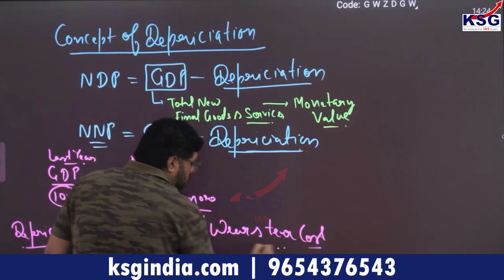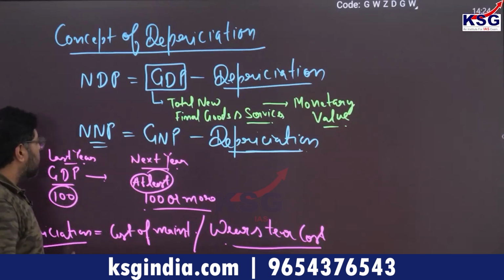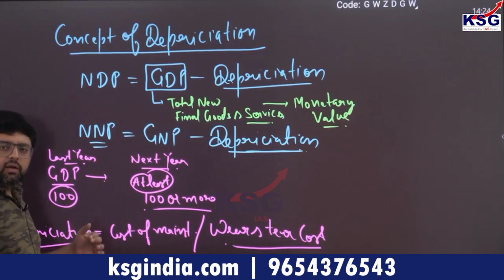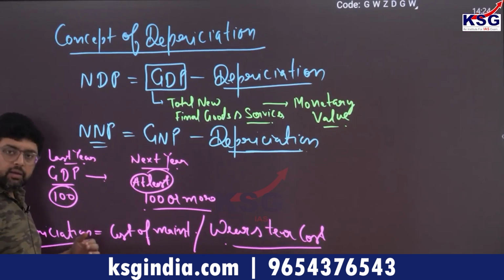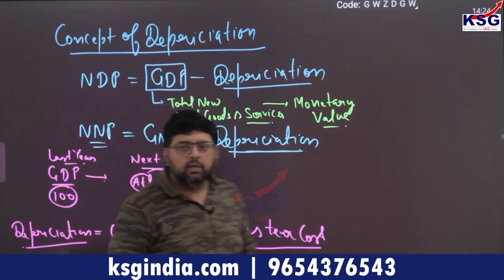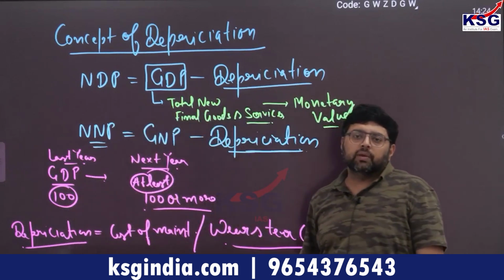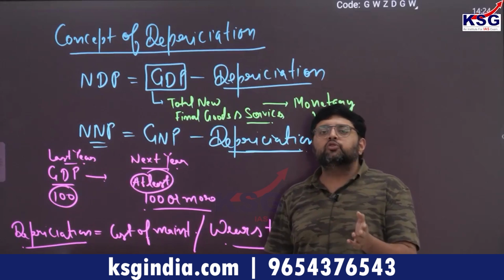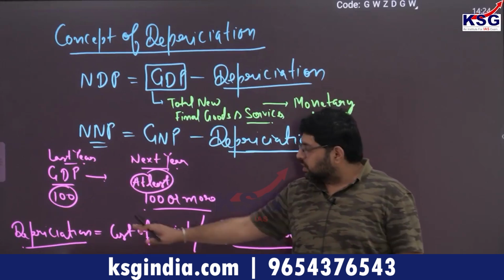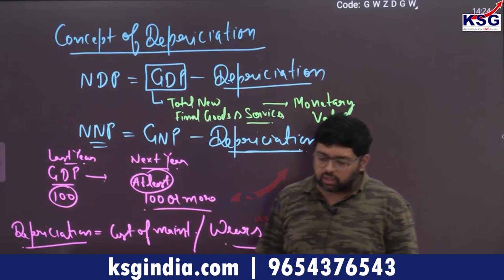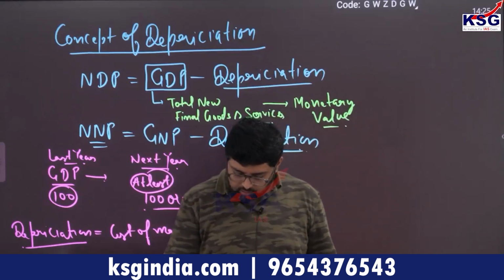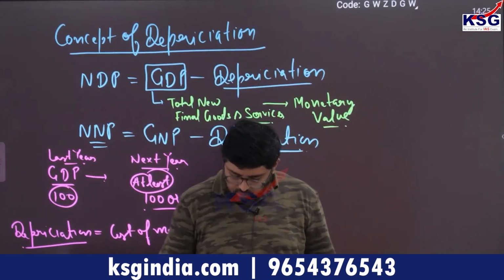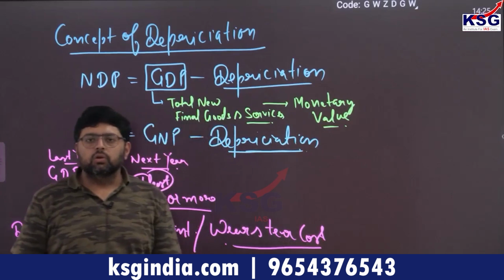It means I have to see, if I want to maintain the GDP of 100, how much I have to at least spend. Or if I want to increase my GDP, I have to spend more also, that is investment. So that you understood through depreciation. Okay, I hope it is clear to you.